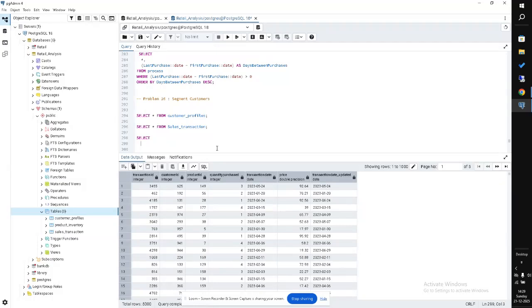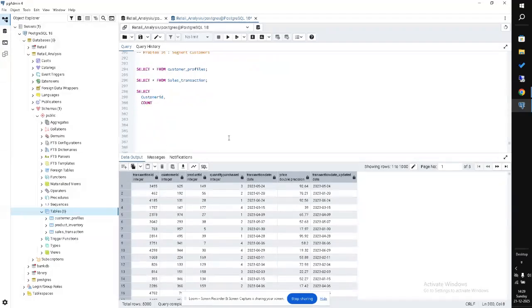First of all, we will select customer ID and the sum of quantity, as quantity purchased, as total quantity, from sales transactions, group by customer ID, and that's it.